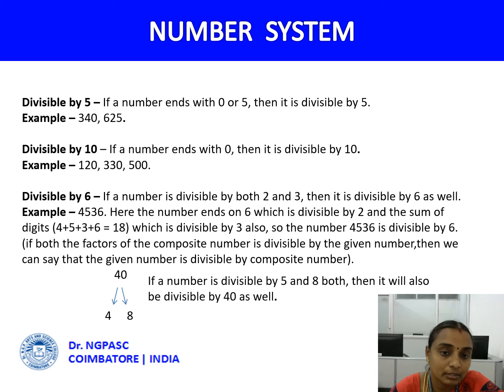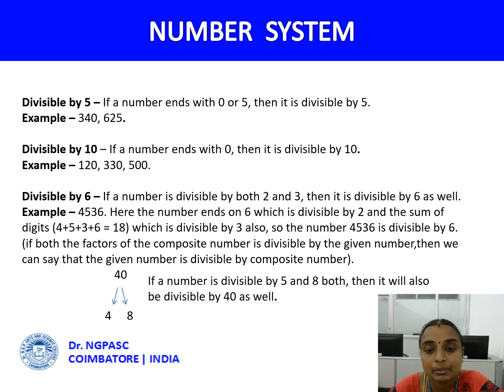If the given number is divisible by both 2 and 3, then we can say the given number is divisible by 6. Here for 6 and also for other numbers which have factors, the numbers can follow like this.